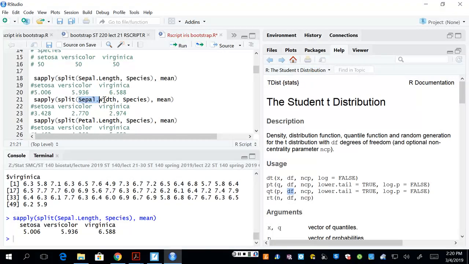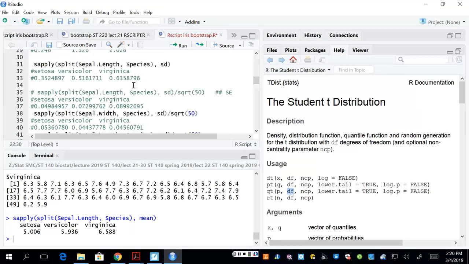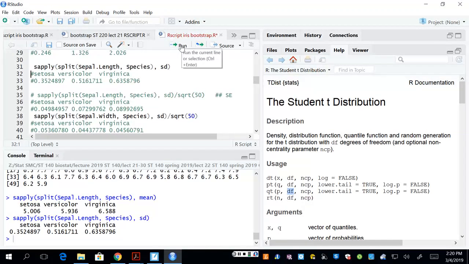If you change the variable name here, you can get the averages for the sepal width and petal width and other things like that. The other thing you can do is change the function over here. So instead of doing the mean, you can do the standard deviation. In fact, we can save these things.